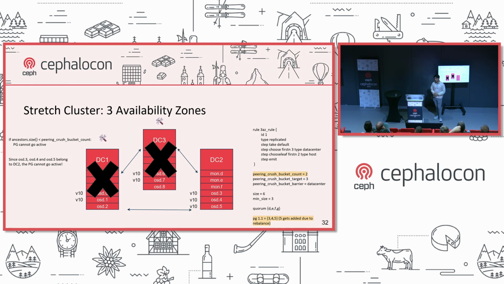With the acting set being the size of 3, it meets the requirement of min size 3, right? It should go active, but the peering crush bucket count being 2 states that you only have 1 ancestor, meaning you only have 1 data center in this acting set. You can't go active. So by tuning this peering crush bucket count, you can successfully avoid situations where you have data loss.